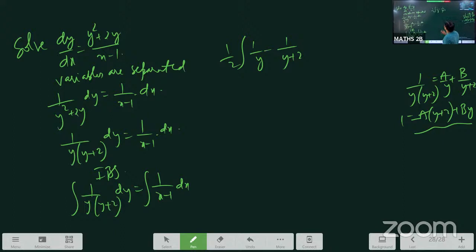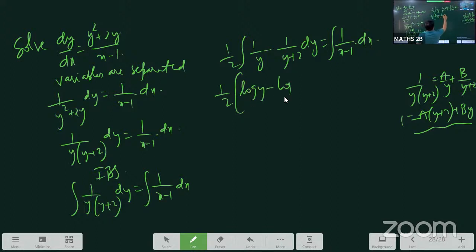Is it clear? Right. The integration of 1 by (x - 1) dx. Okay, so 1 by 2, integration of 1 by y is log y minus log (y + 2) is equal to log (x - 1) plus log c.